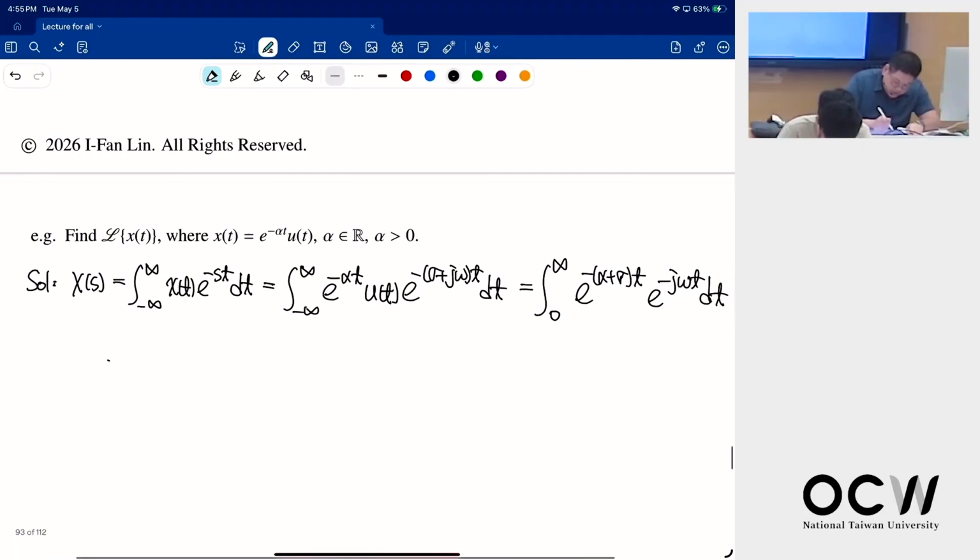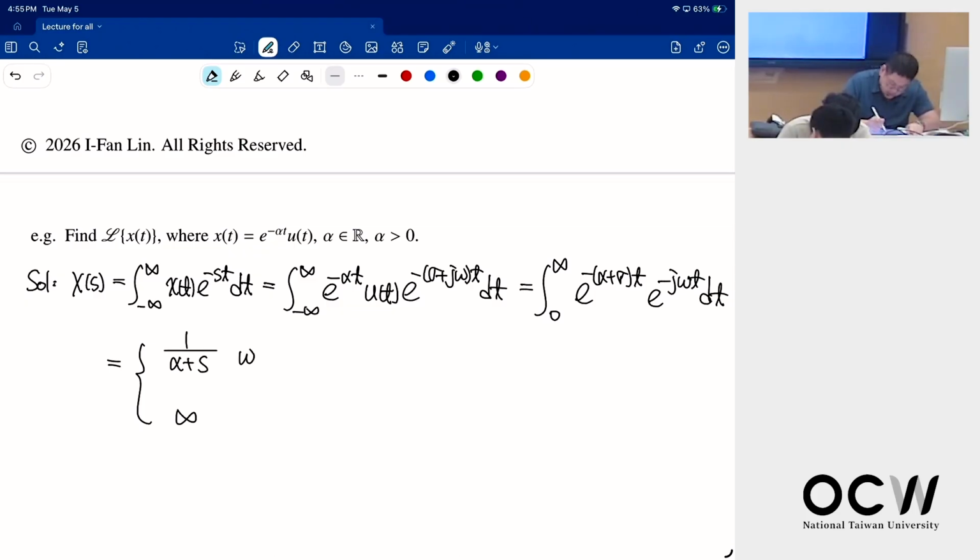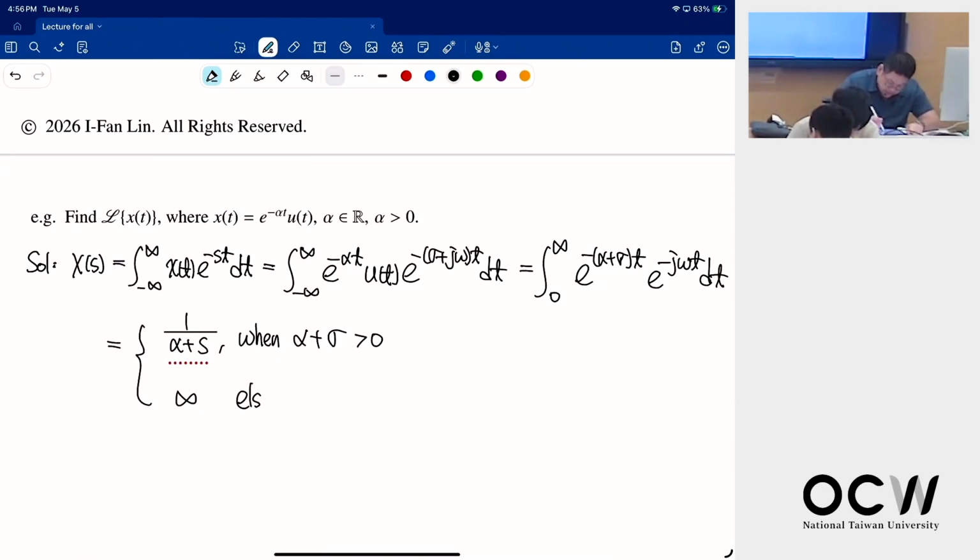The answer is either 1 over alpha plus s or infinity. When alpha plus sigma is greater than 0, then we have a value. Otherwise, it is infinity.